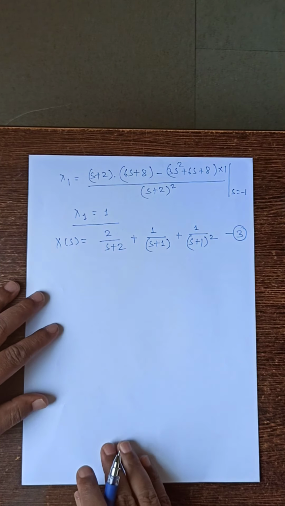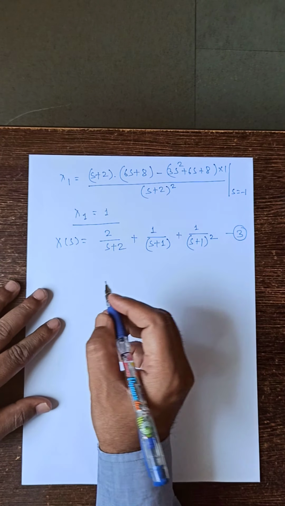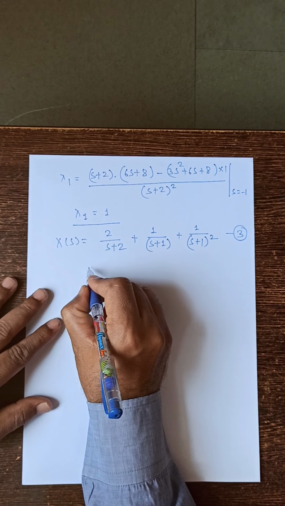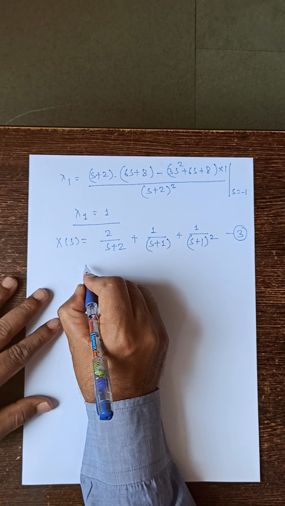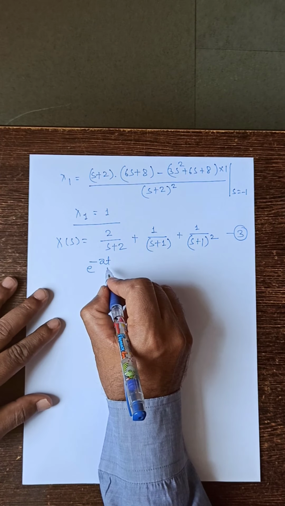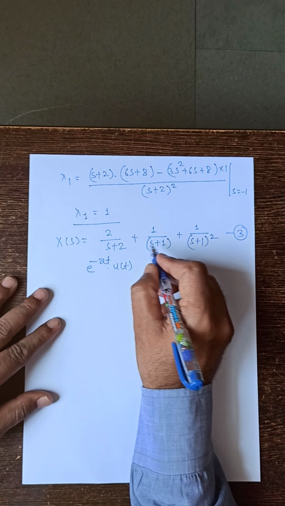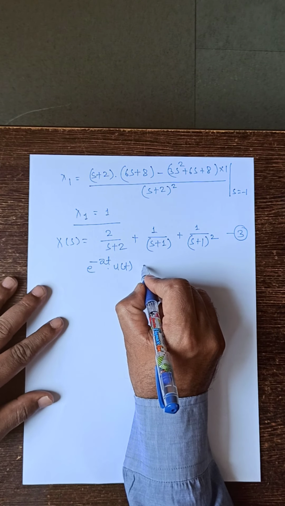Now we'll use the standard identities. The Laplace transform of 2 into 1 divided by (s plus 2): the standard identity we are going to use is e raised to minus at into u of t, provided that the signal is a right-handed signal u of t.